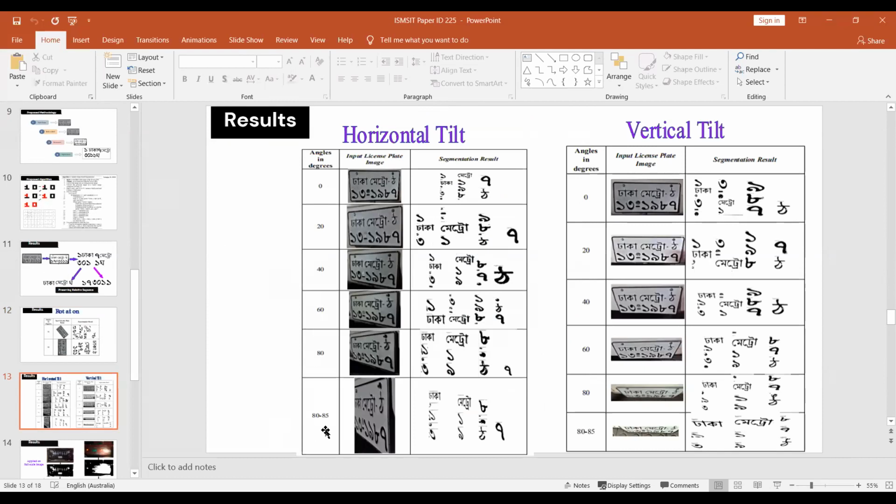From 0 up to 82 degrees, we were 100% successful at segmenting all the characters. Above 82 degrees, we had some failures, but up to 82 degrees, we are 100% successful. The state of the art algorithm currently is able to segment up to 75 degrees. So our algorithm outperformed the state of the art algorithm.